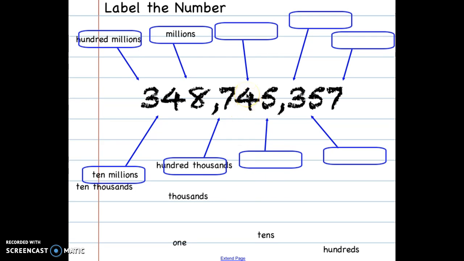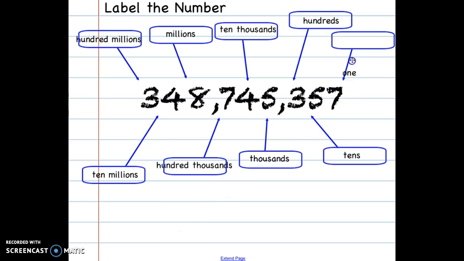The 4 represents 10 thousands. The 5 represents thousands. The 3 represents hundreds. The 5 represents the tens place. And last but not least, the 7 represents the ones place, or the units.